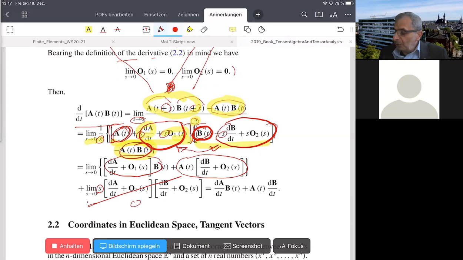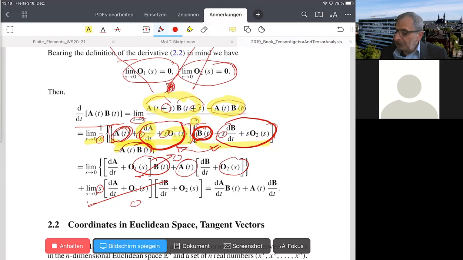This function o1 tends to 0, and the function o2 tends to 0 when s tends to 0. That means that if we write out these parentheses, I clean a little bit again here. So we consider this term. This product, o1 with b, will be 0. And this product, o2 with a, will be 0, right? So what remains?